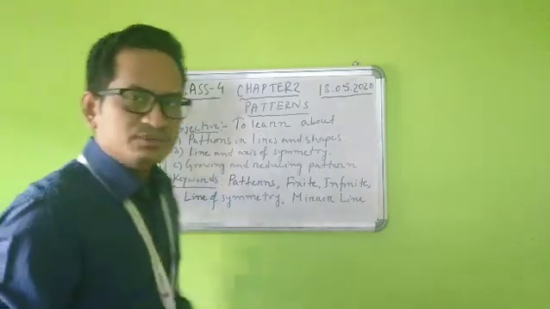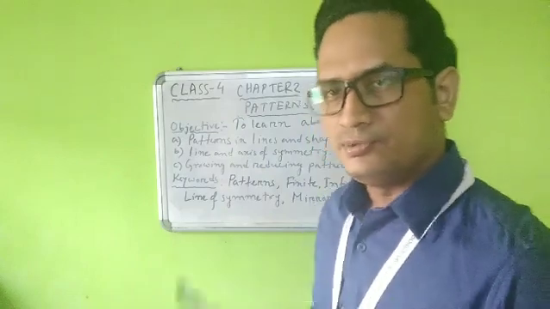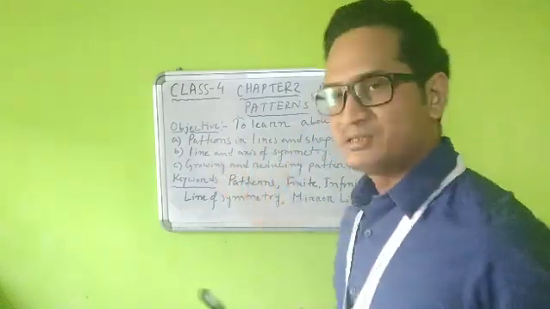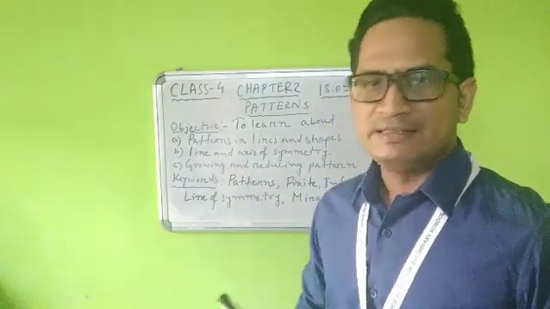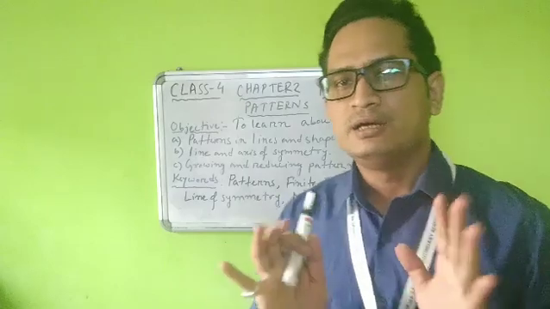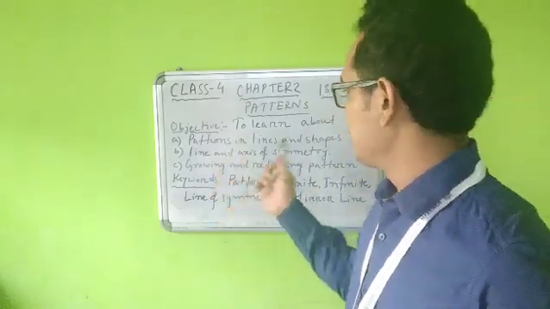The learning objective of this chapter will be these 3 basic objectives. First, to learn about patterns in lines and shapes. What a pattern is you already got in class 3 also, so we are going to learn a few more things about patterns in lines and shapes.